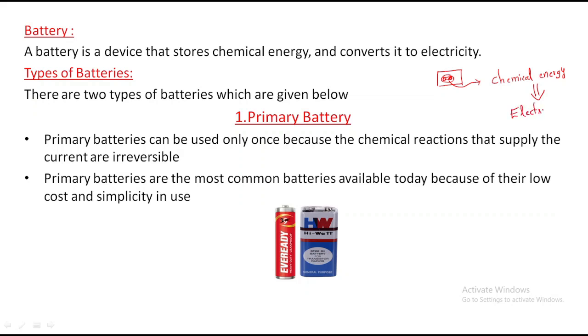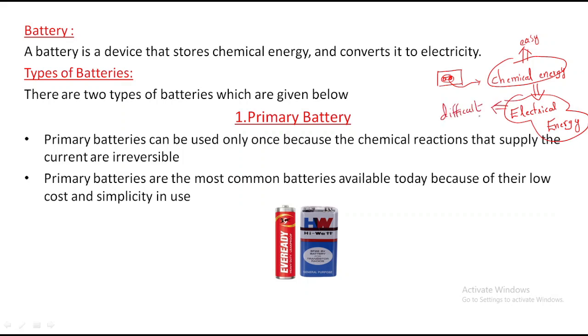Why is it stored as chemical energy? Chemical energy storing is easy, and converting from chemical to electrical energy is simple. But storing electrical energy is difficult. It is not possible.